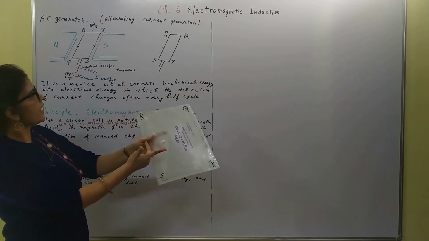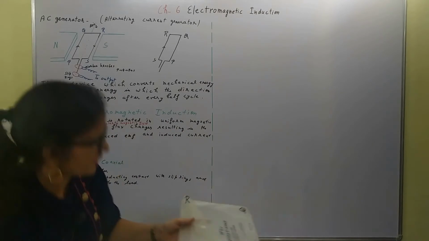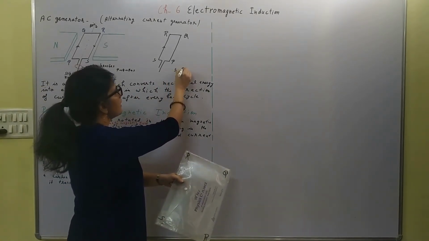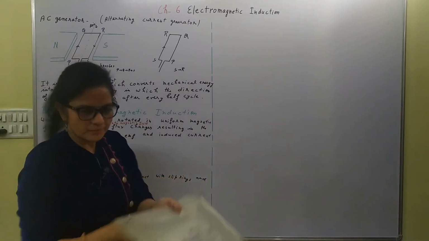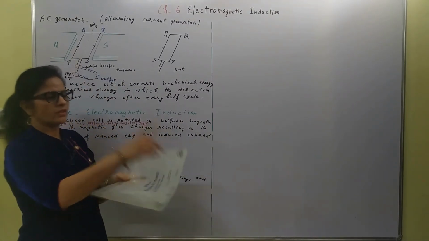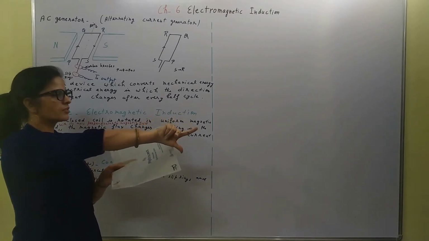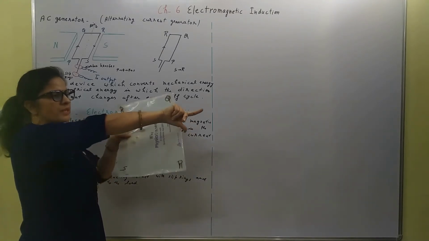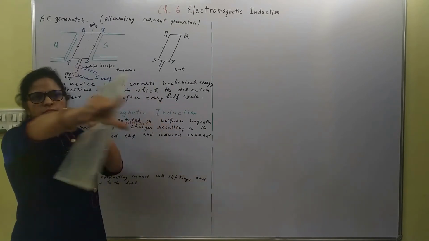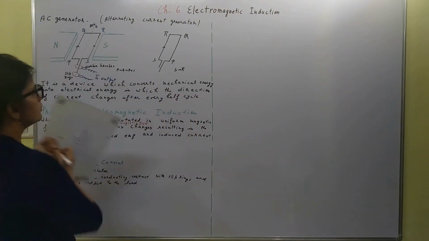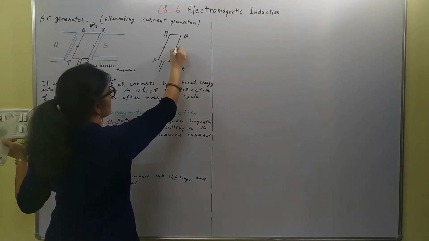So SR is the direction of the current now. And in QP branch, look at this, this is the magnetic field, this is the motion. So this is the direction Q to P, right? So this is Q to P, this is the direction of current.